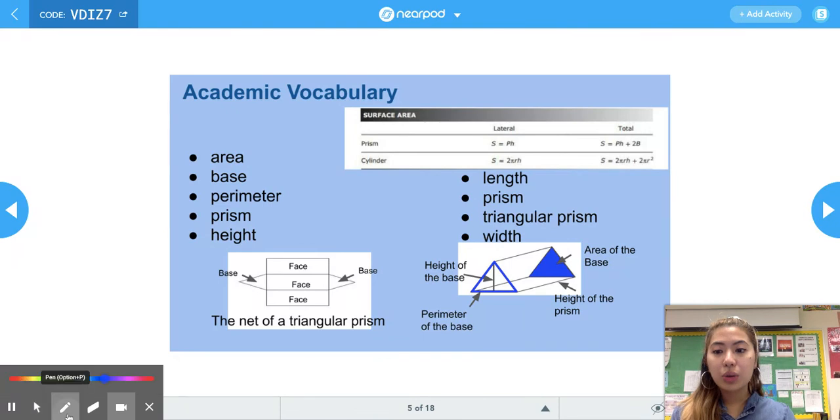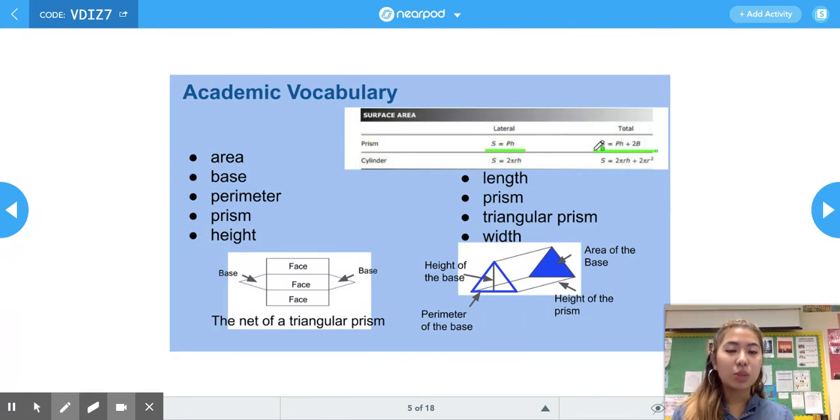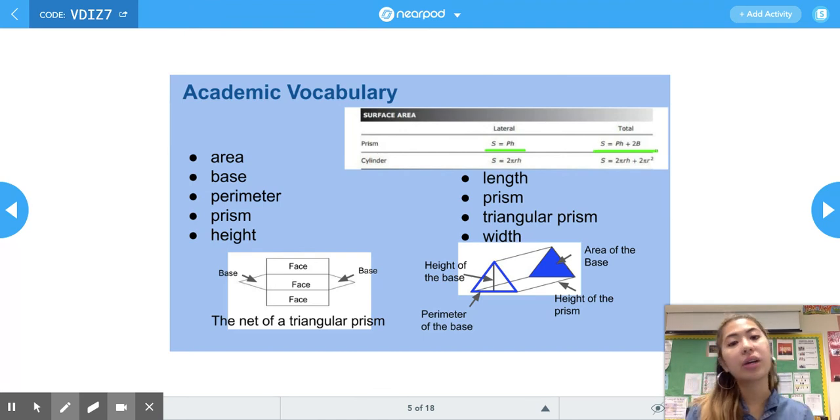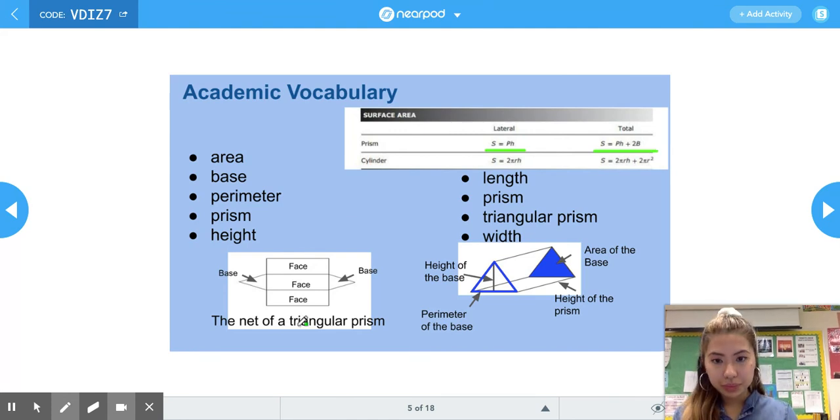So as we can see, we're using the same equations as we did yesterday when we were trying to find the surface area of rectangular prisms. But for today, the base shape of a triangular prism is not going to be a rectangle, it's going to be a triangle. So the bases are the triangles, and all the rectangles are the faces.